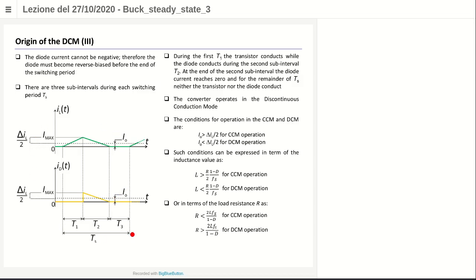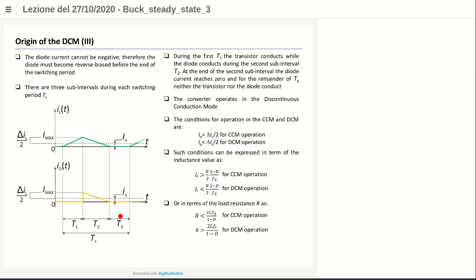If you look at this situation, which is the typical waveform you have in discontinuous conduction mode for the buck converter, you can see that the inductor current is zero for a certain part of the period. Remember that the standard definition is that you have to look at the time derivative of the inductor current, but most of the time it is the same to say that the inductor current goes to zero to say that the buck is operated in DCM.